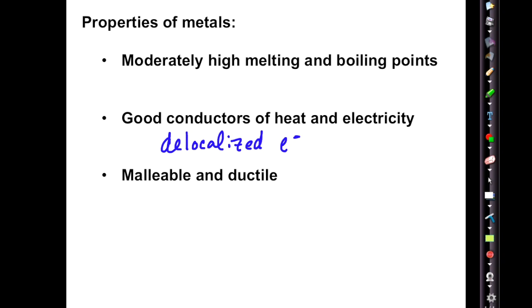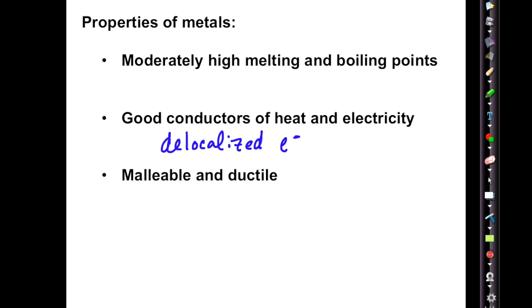And as a result, they can move freely through the structure, through the lattice of those metal ions. And those mobile electrons make metals good conductors of both heat and electricity. Obviously, there will be different degrees of conductivity for different metals. Some are better conductors than others. But as a general statement, we do say that metals are conductors of heat and electricity because of the delocalized electrons.